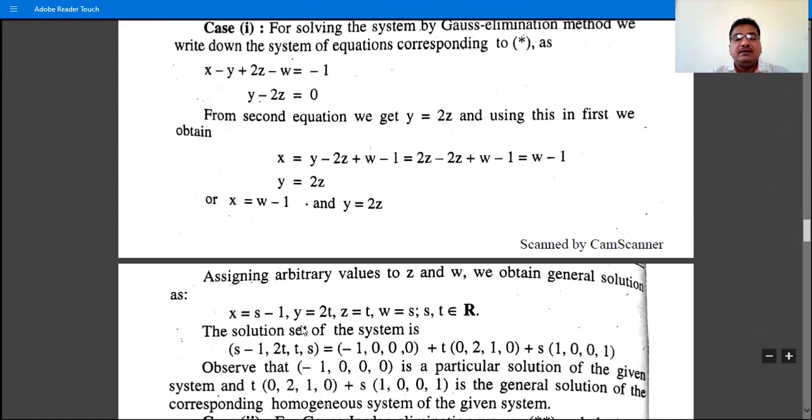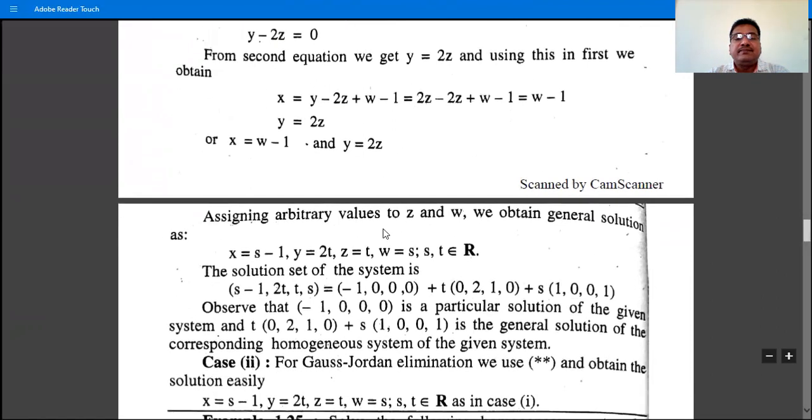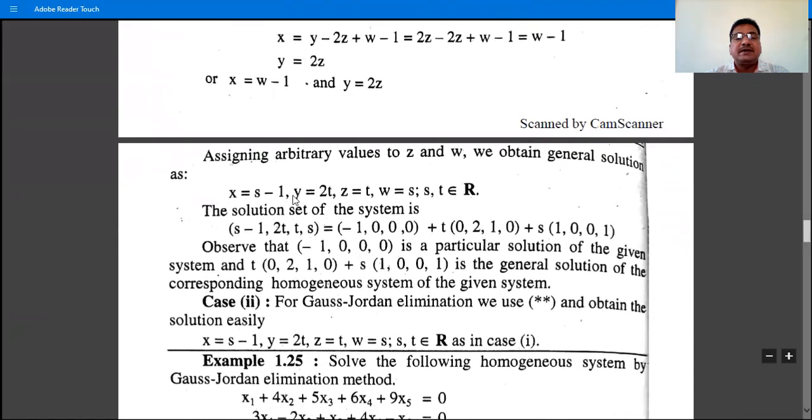The value of y is 2t, and x is s minus 1 from these 2 equations. So this is the solution: x is equal to s minus 1, y is 2t, z is t, and w is s, where s and t belong to R. We can write the solution set in this form: (s minus 1, 2t, t, s) is equal to the constant vector (minus 1, 0, 0, 0) plus t times (0, 2, 1, 0) plus s times (1, 0, 0, 1).